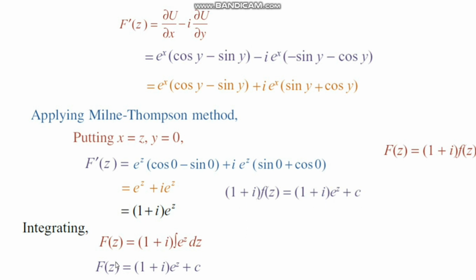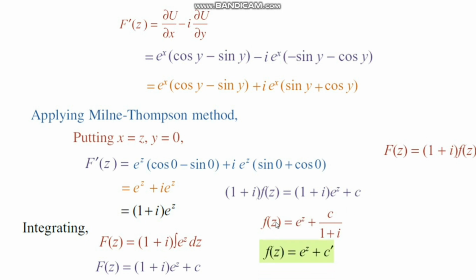Just F of z is replaced with (1 plus i) times f of z. To get f of z, divide throughout this equation by 1 plus i. f of z equals (1 plus i) by (1 plus i), that is 1, into e power z, plus c by (1 plus i).